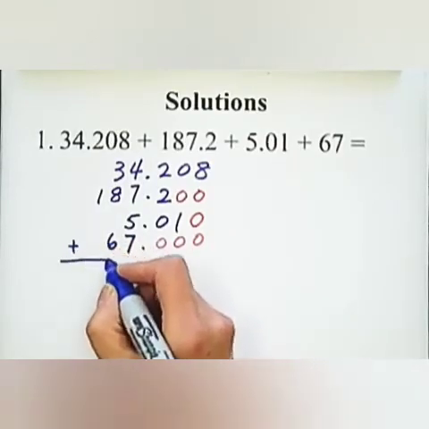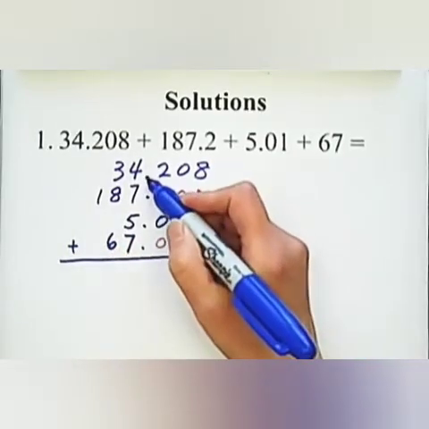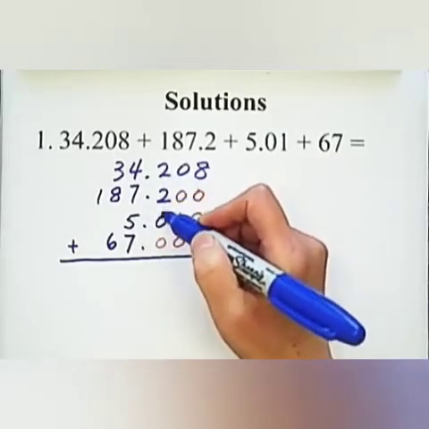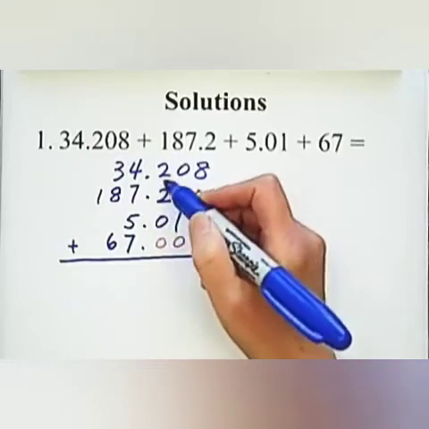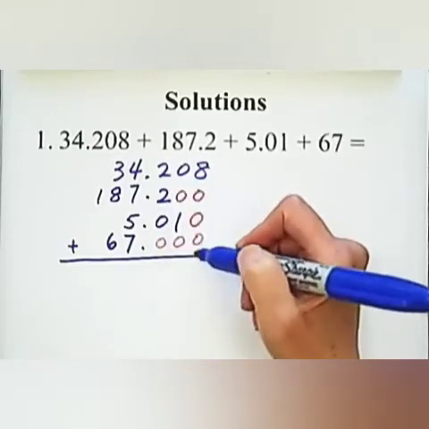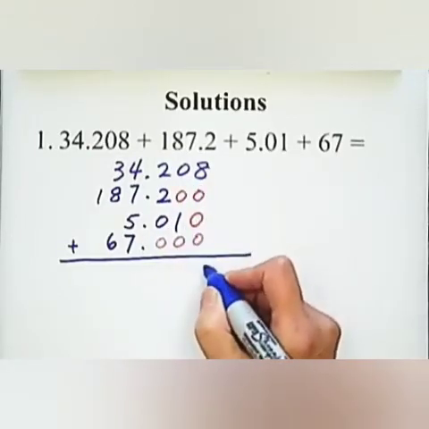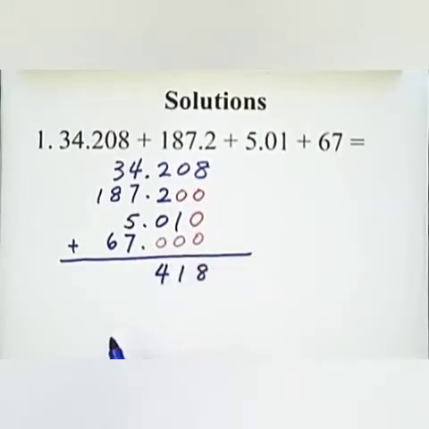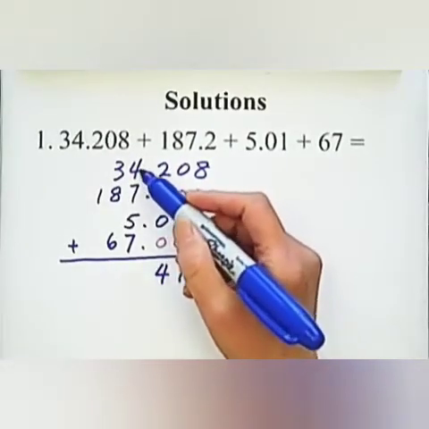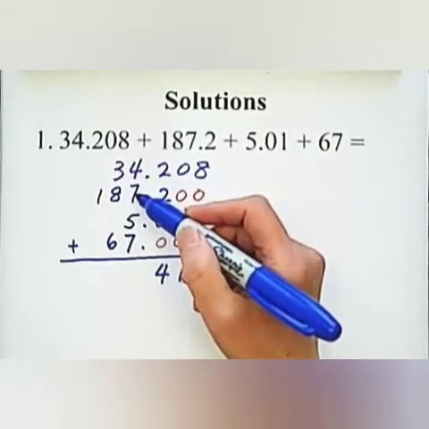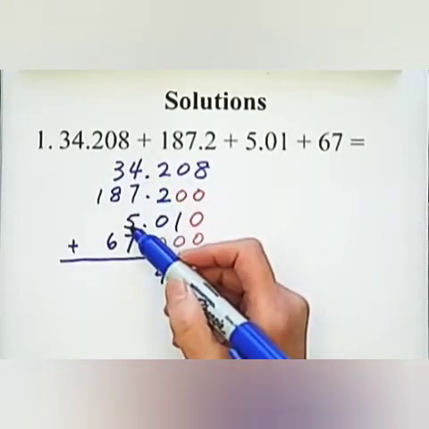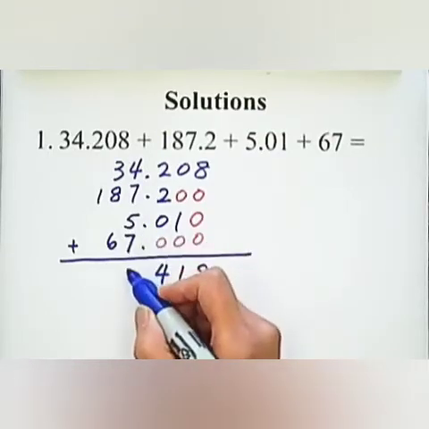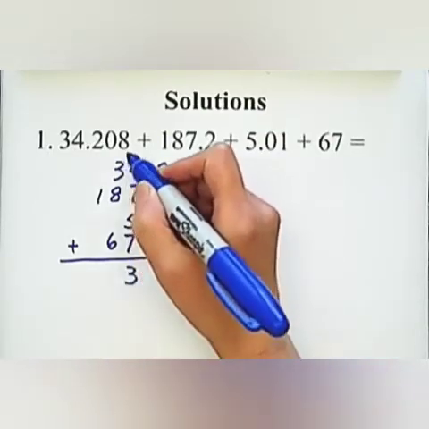So we can see, line up the decimal point. So all the digits with the same place value line up. So 8, 1, 4, and this one, we add this one, 4 plus 7, 11, 11 plus 5, 16, 16 plus 7, 23. So we need to mark 2 here.